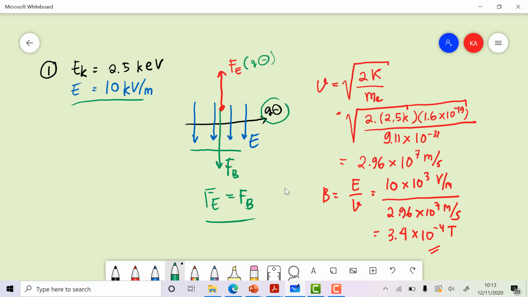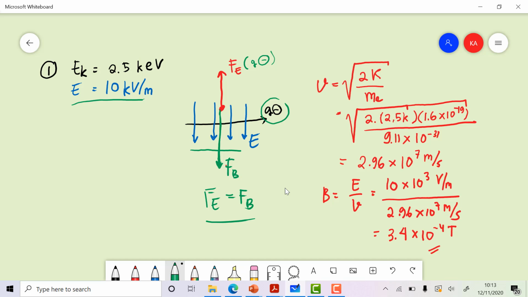First we have to know the magnitude of B, and then determine the direction of B to generate the magnetic force in the y negative direction, like this.